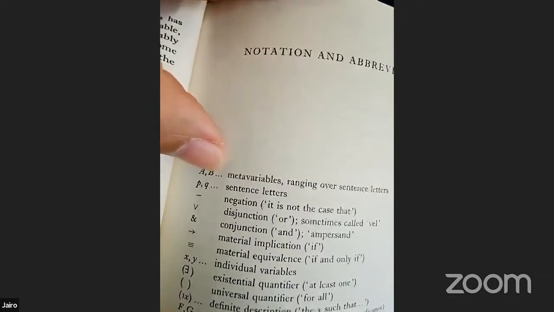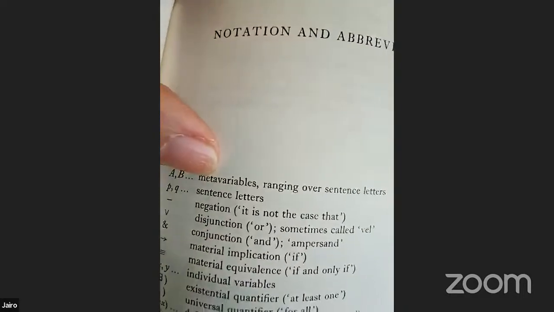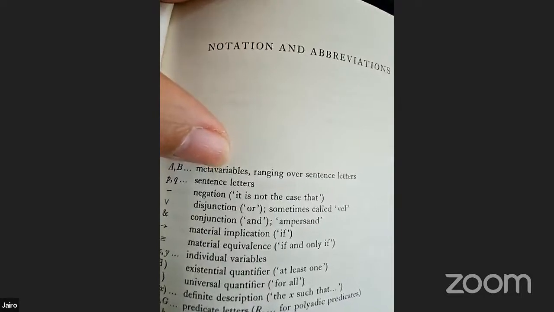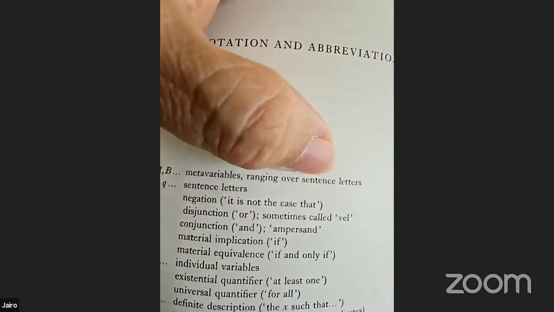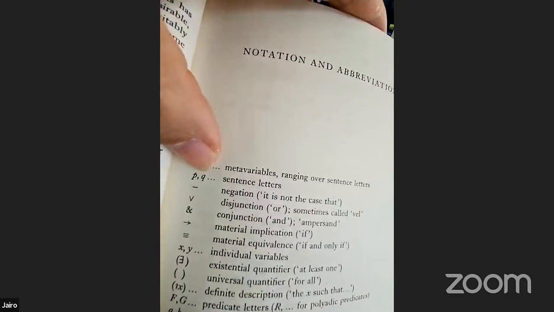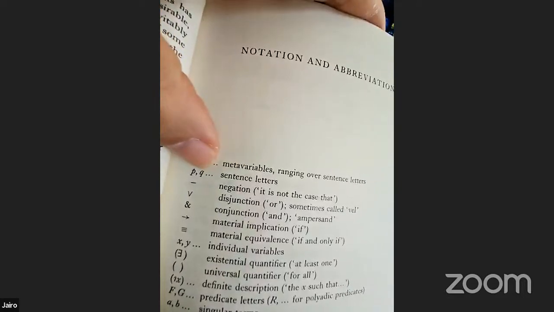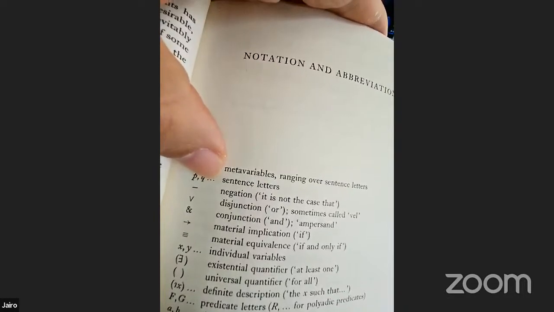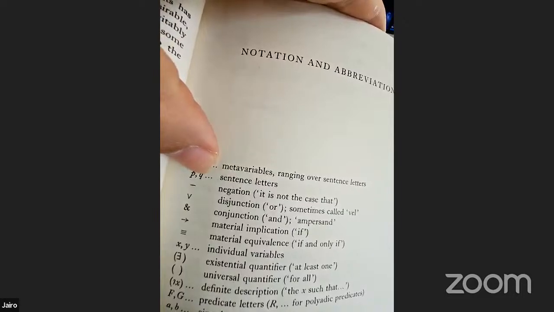That's A, B, C, D, E. So those represent meta variables ranging over sentence letters. Now, sentence letters, they're labeled P, comma, Q, dot, dot, dot, and they're lowercase.